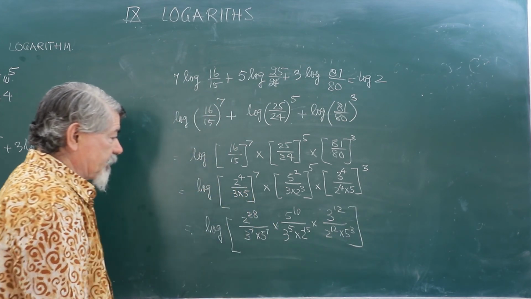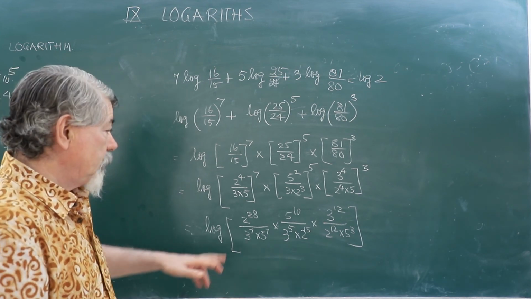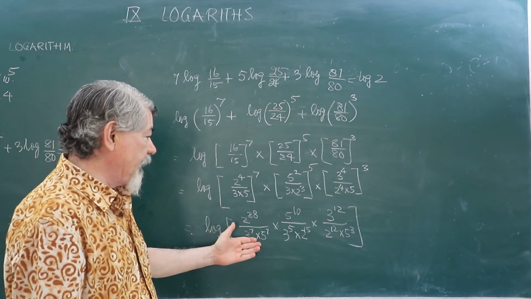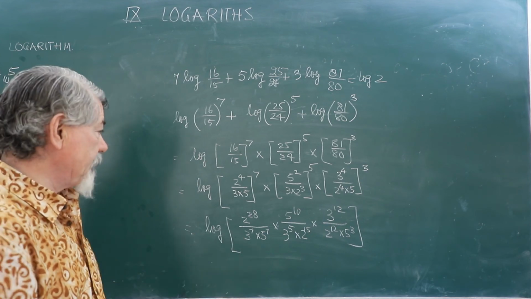So we have basically expressed them in terms of powers of prime numbers. 2, 3, 5 all are prime numbers.